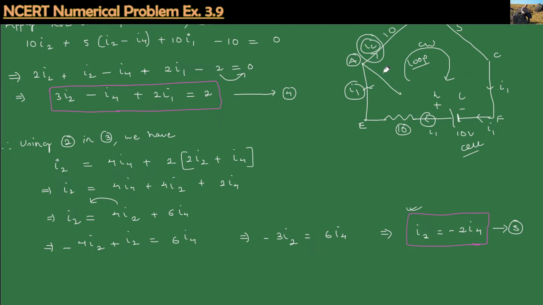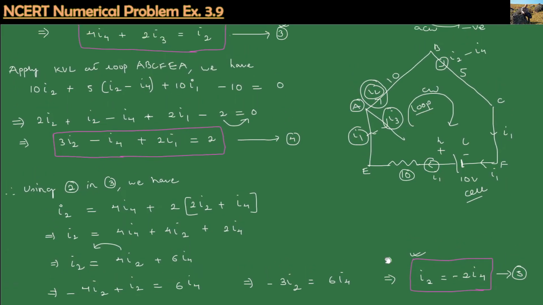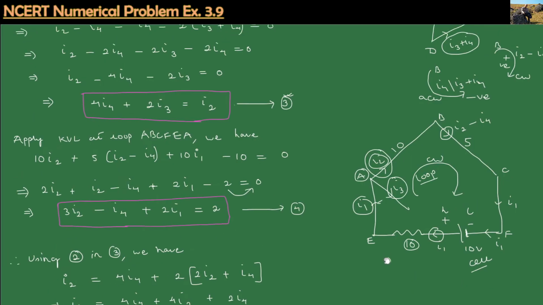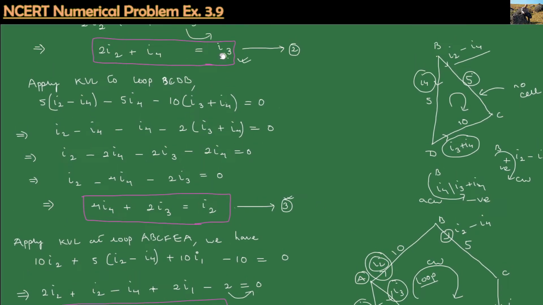We also have that network over here, I3. We will try to find the value of I3. So knowing I2, we can find I3.